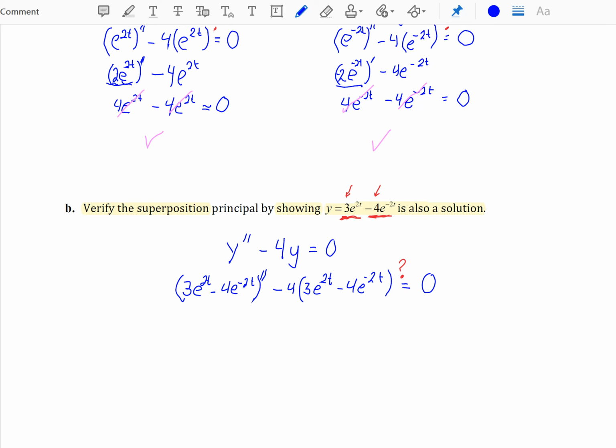So like before, let's take our first derivative, and when taking the first derivative, we're going to be leaving one derivative behind. So a first derivative of 3e to the 2t would be 6e to the 2t, and a first derivative of 4e to the -2t would make this be plus 8e to the -2t.